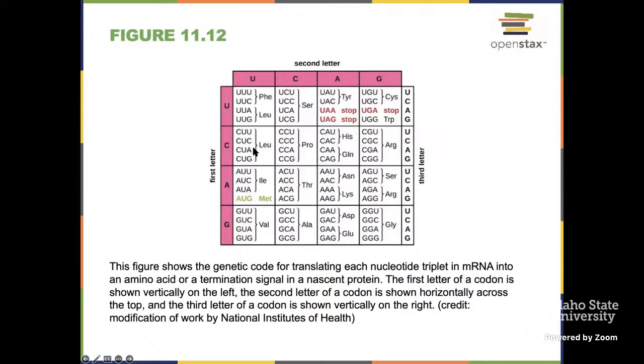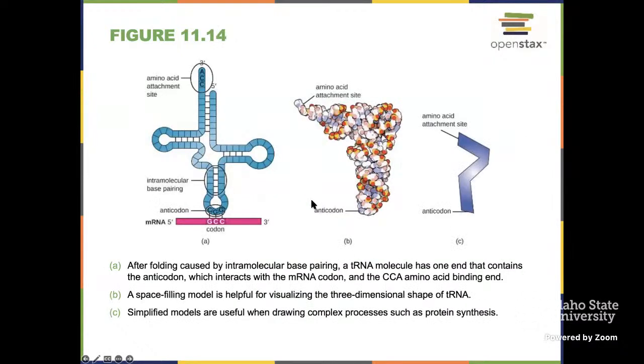At the last position of the codon, the wobble with the tRNA means that it doesn't matter as long as there's a C or a U, leucine gets brought in. Up above, there's another way to make leucine, and so a different transfer RNA is involved, because we've got a uracil as the starting base instead of a cytosine. So there are a little bit more than 20 transfer RNAs to bring in these amino acids.